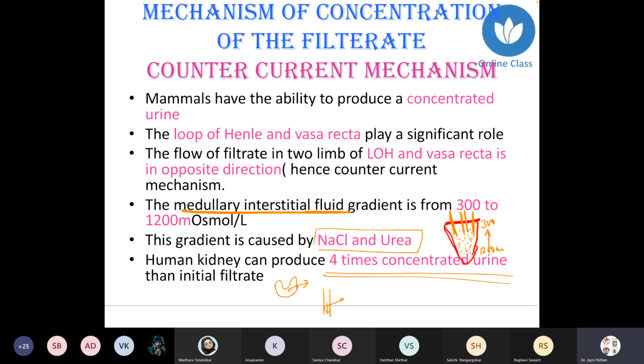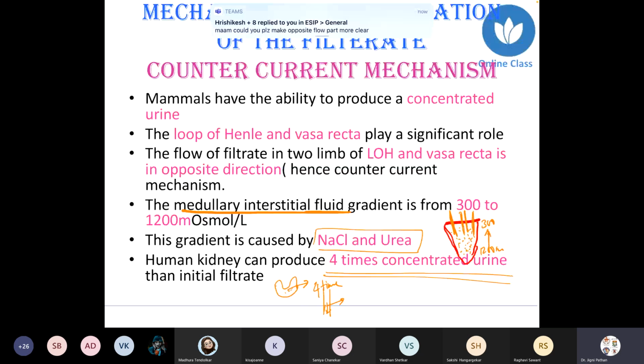Any doubts to anybody there? Can you see that mechanism of filtration concentration?